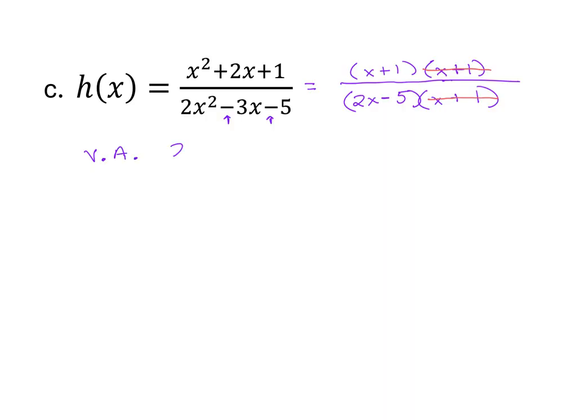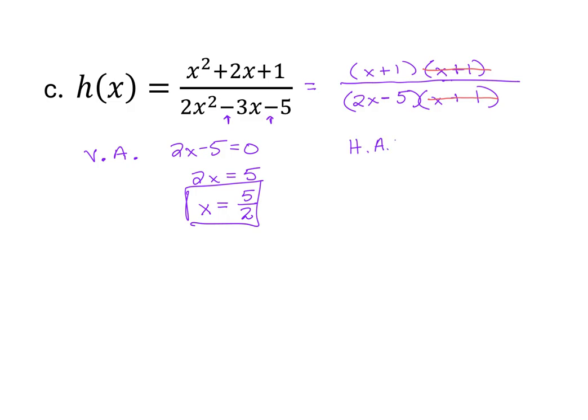If we set 2x minus 5 equals 0 and solve, we get x equals 5 halves. That is a vertical asymptote. The second thing is we do have a horizontal asymptote.